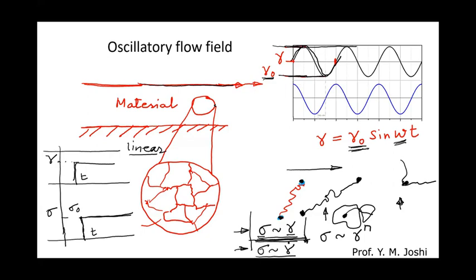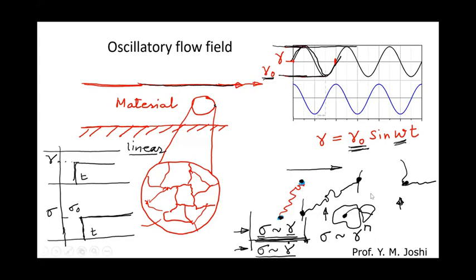All right. That does not happen when the nonlinear response acts upon the material, or the deformation field is such that the material response is nonlinear. Under those conditions, the response functions or the rheological properties of the material also depend on the magnitude of strain.